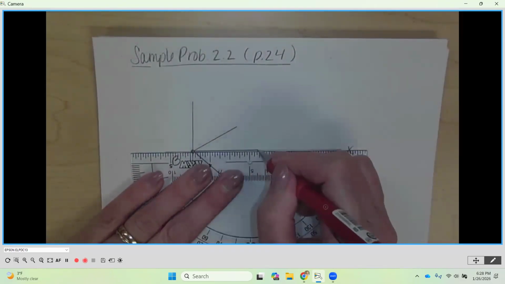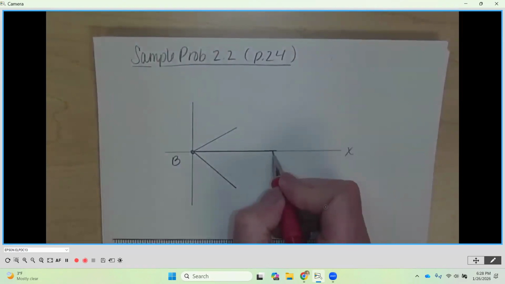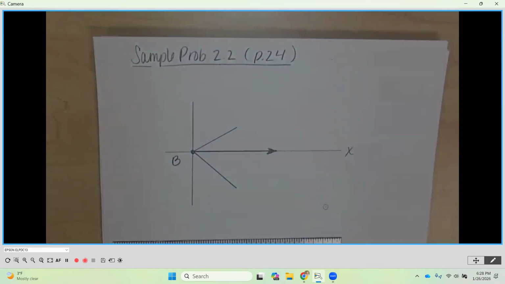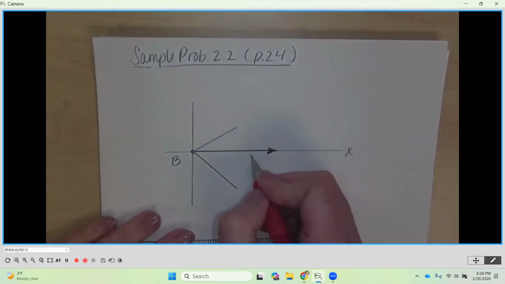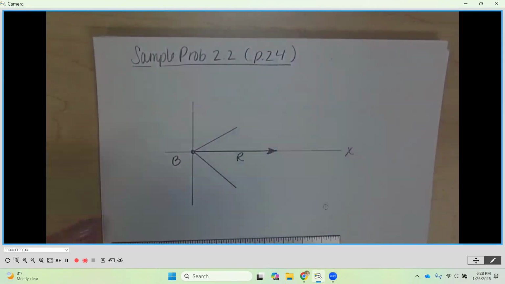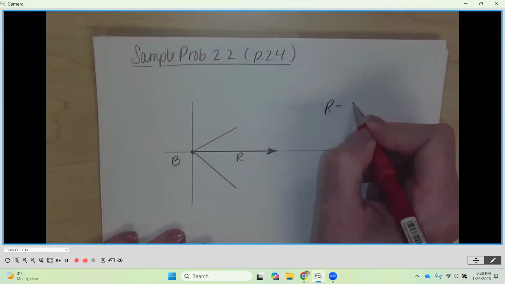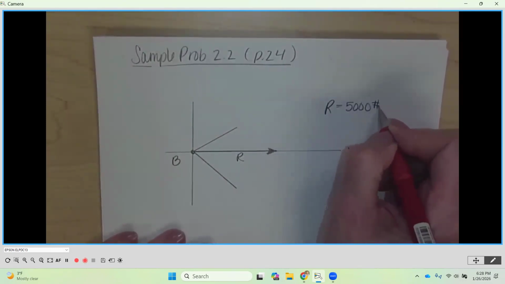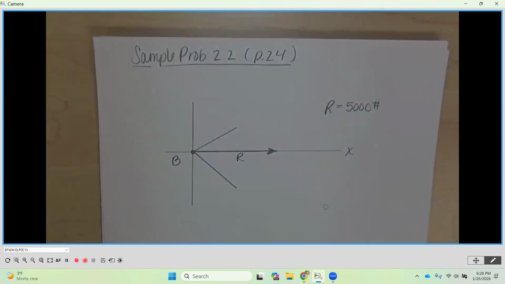But I am going to define my horizontal force going to the right. Okay. And this is going to be my resultant. All right. And my resultant is equal to 5,000 pounds. So this is the force pulling the barge down the river. Okay. And we're using two tugboats, one going up to A and one going down to B.